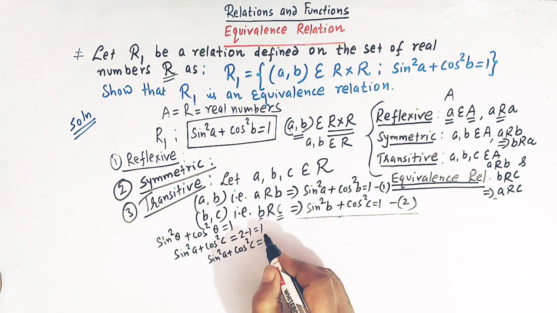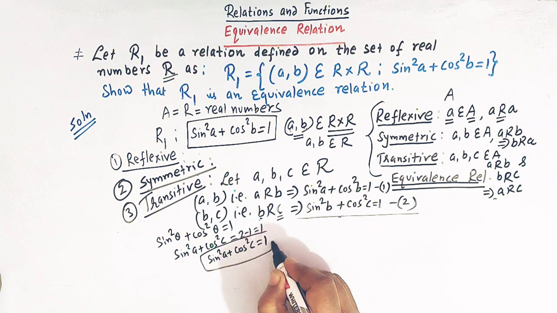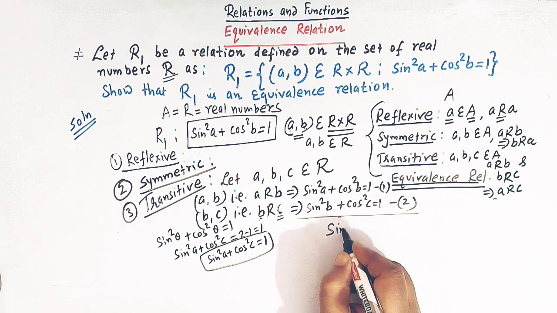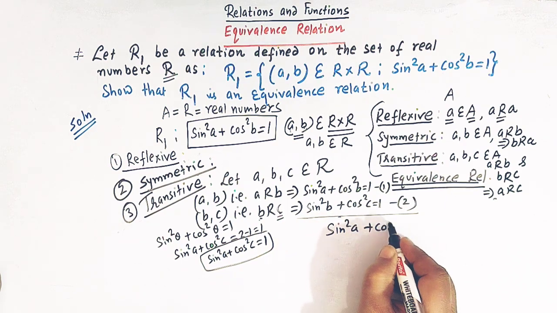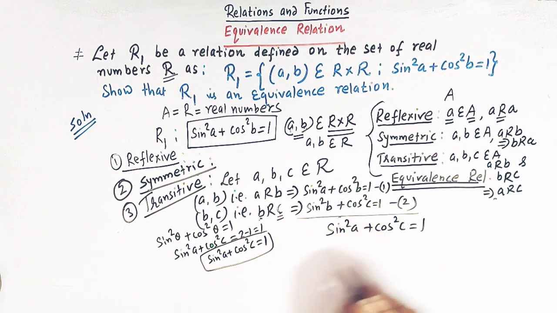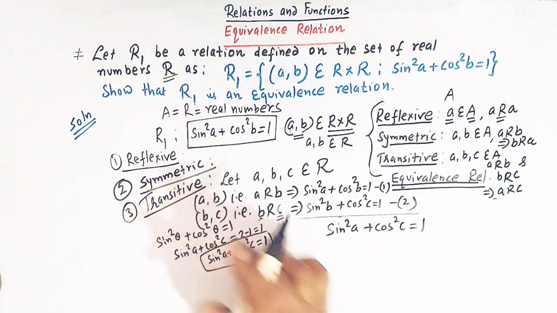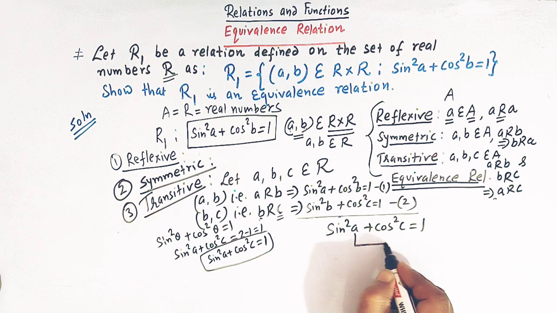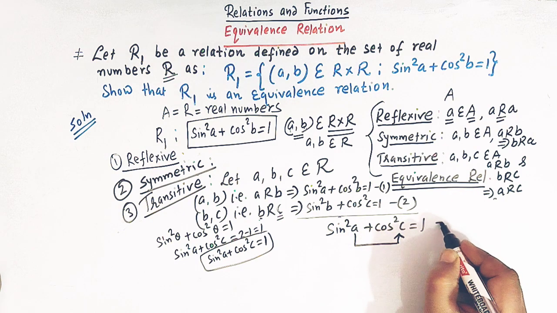So now we have obtained this important relation: sine square A plus cos square C is equal to 1. And if we compare this relation with this one, then we can see that A is related to C, right?